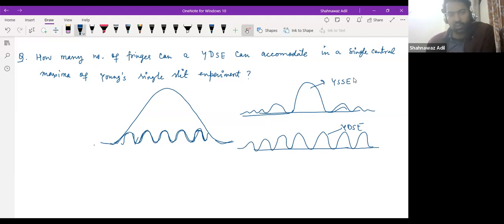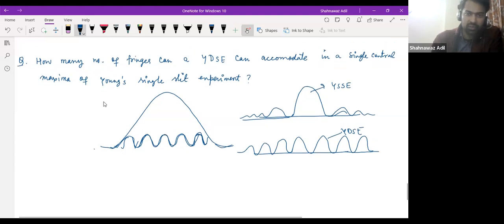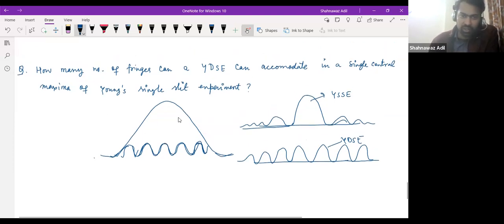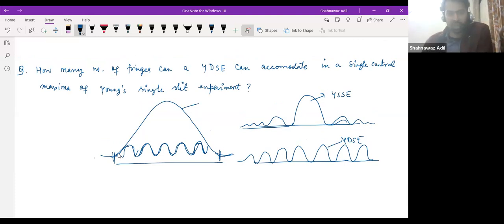So this is the question, and how can we calculate that? How much is this width? This is the width of the central maximum, right? And we have calculated that y of a single slit experiment.